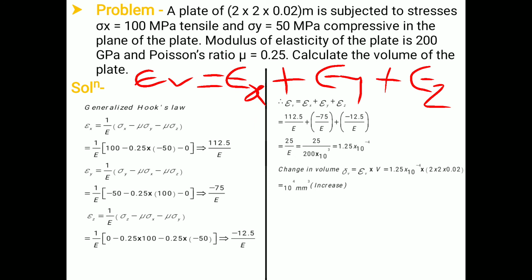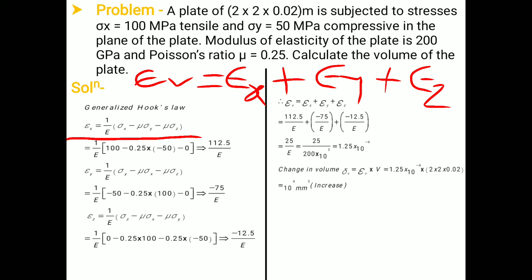Now the value of epsilon x by using generalized Hooke's law can be found out by using this equation, means it's an expression of the strain along x direction in terms of stresses along x, y and z direction. But we have already discussed the generalized Hooke's law in the previous lectures also.